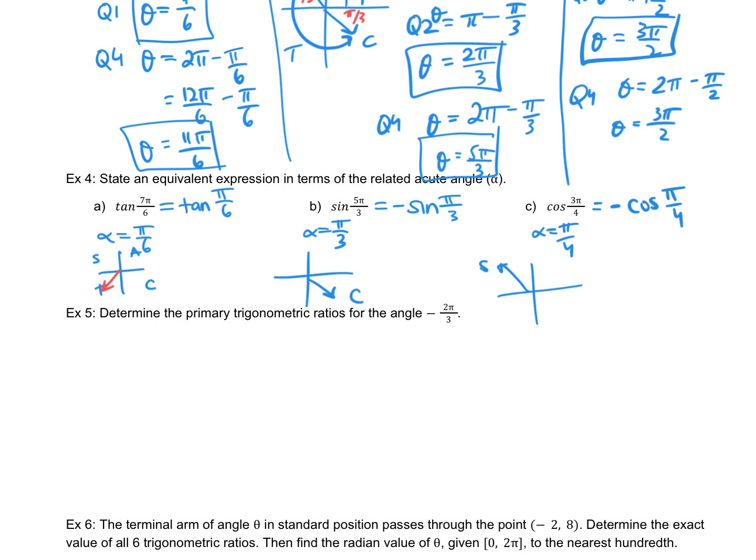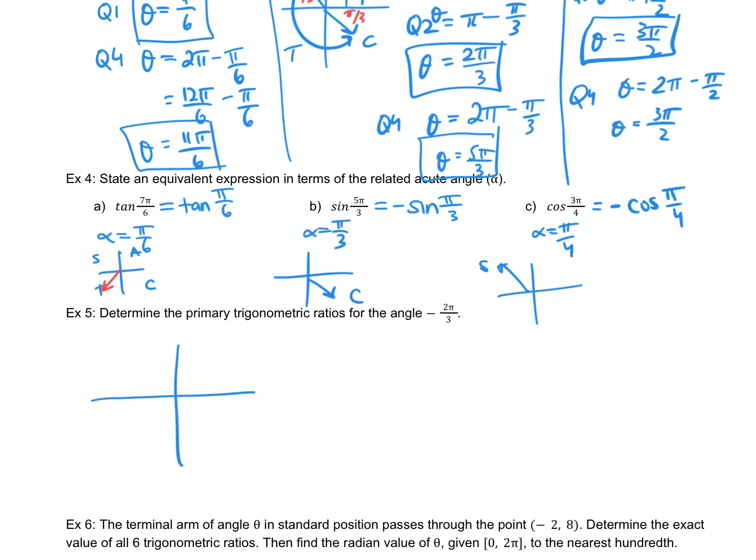In our next question, we're going to determine the 3 primary trig ratios for the angle negative 2 pi over 3. A diagram would be a great starting point. We already know what angle we're dealing with in terms of the related acute one, because we see that over 3, but we should get a diagram to figure out our quadrants, especially because our angle is negative.